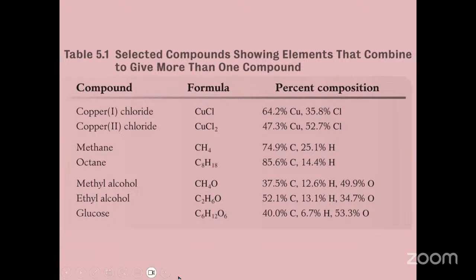We have some other examples here, which I won't get into, but basically the percentages are different, even though the elements are the same for the different pairs of compounds. That's because the compositions in terms of the different parts, in this case carbon and hydrogen, and in this case carbon, hydrogen, and oxygen, are different, and that reflects in the different values in their percent composition.